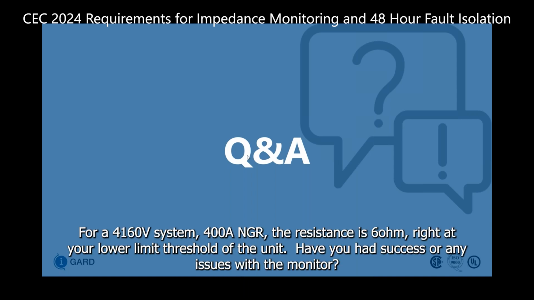For a 4160 volt system, 400 amp NGR, the resistance is 6 ohms, right at your lower limit threshold of the unit. Have you had success or any issues with the monitor?